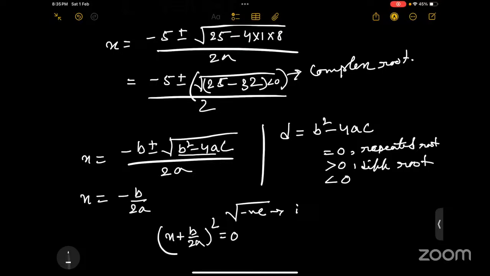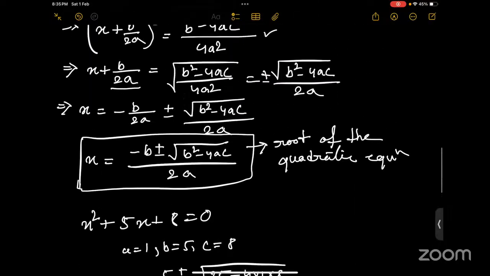So we will get two repeated roots, and our root will be minus b by 2a. Why is it x plus b by 2a the whole square? How does the whole square come? Okay, so we took that b square minus 4ac is equal to 0, right?